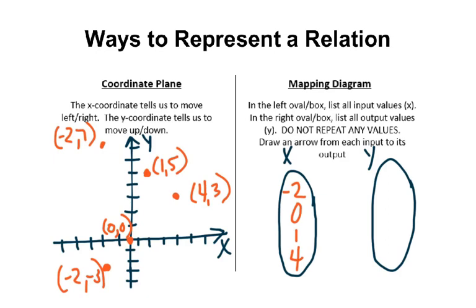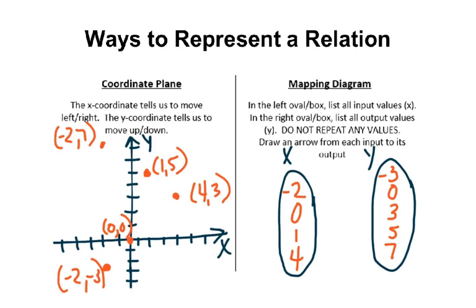Then I'm going to look at my y values. So the lowest y value we have is this -3, then 0, 3, 5, 7. And notice that there are more y values here than there are x values because we did have 2 points with the same x value and we didn't have to repeat it.